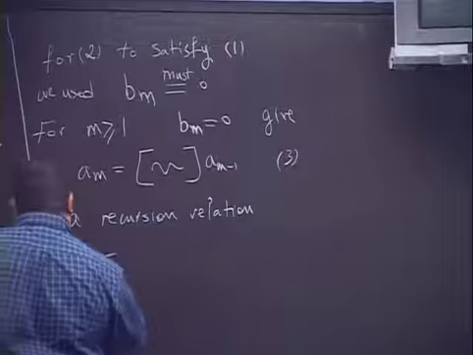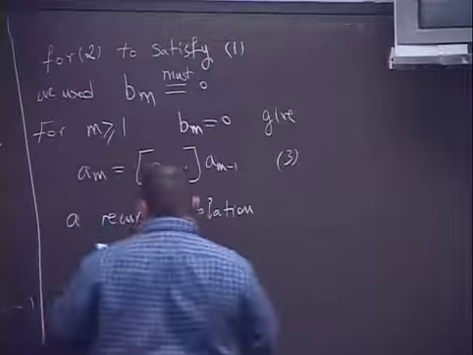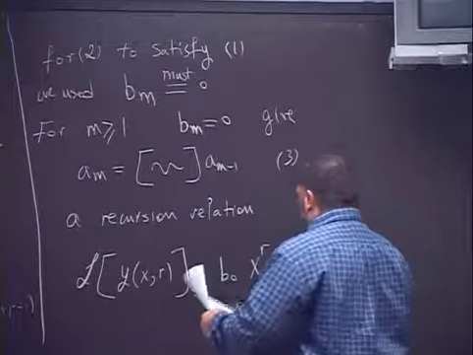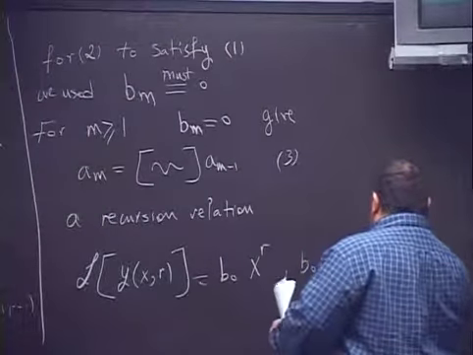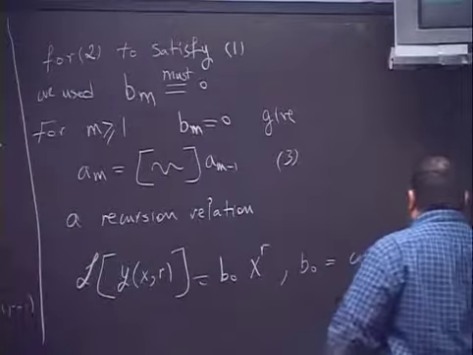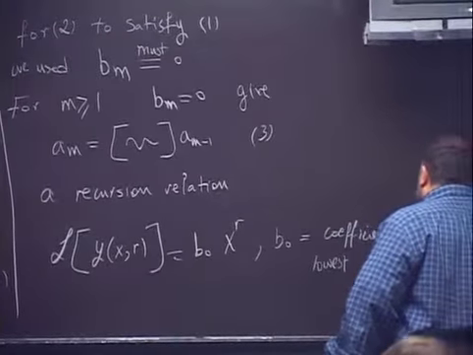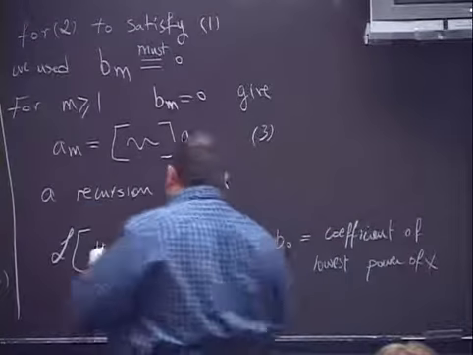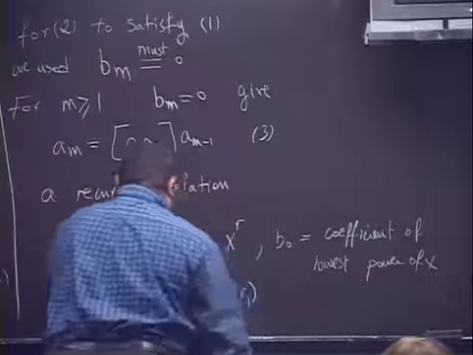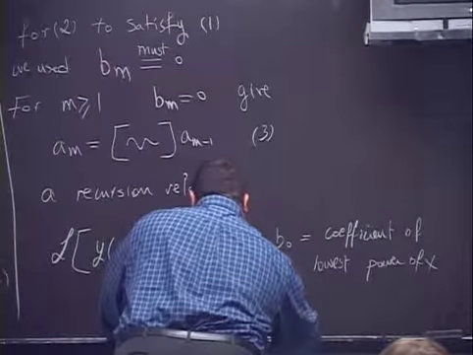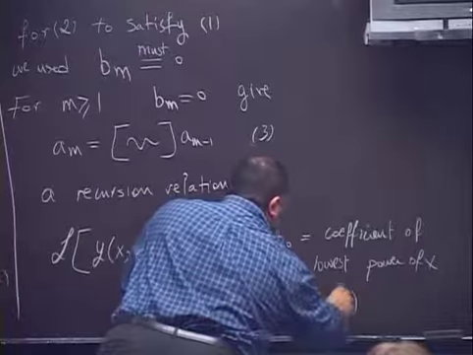And usually L operated over y of x and r will be just B naught multiplied by x to the power of r, where B naught is the coefficient of the lowest power of x, and we can say that this is equal to a naught multiplied by r minus r1 multiplied by r minus r2 multiplied by x to the power of r, and I will call this equation number 4.